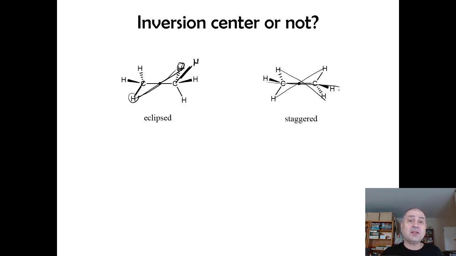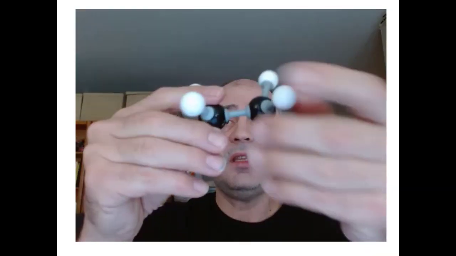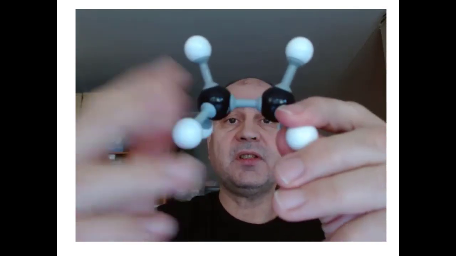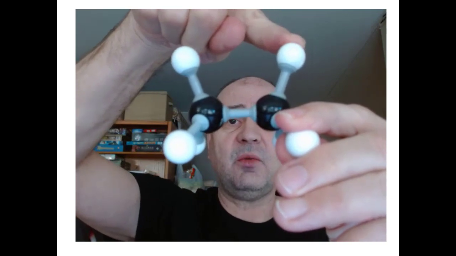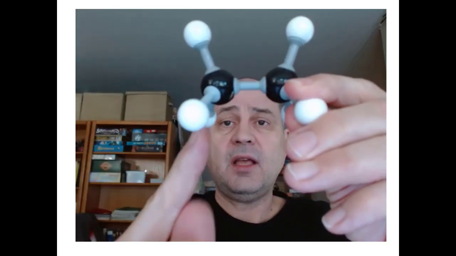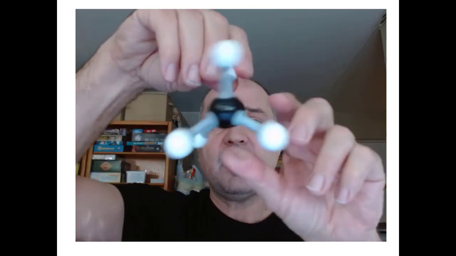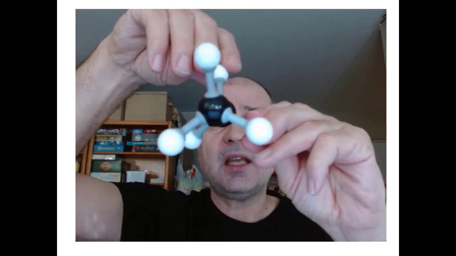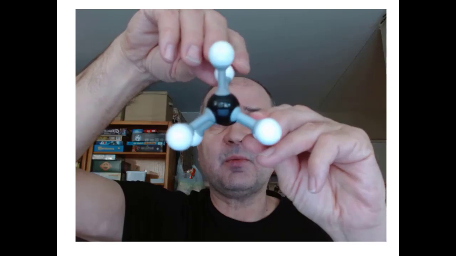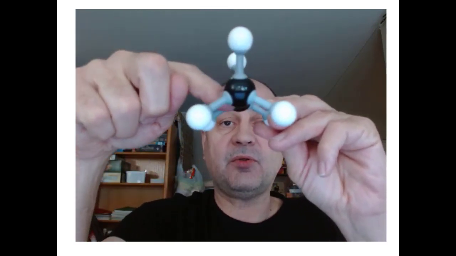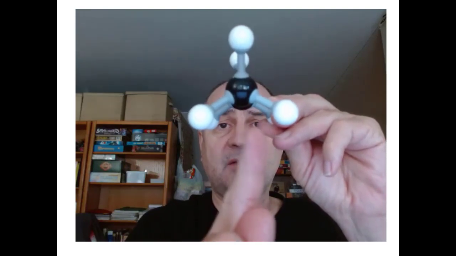But how easy is that to see for you? I don't know. So you may want to build this. So the eclipsed one, once you build it, is pretty simple to see that this hydrogen would reflect through the center and end up between these two hydrogens here, right? So right now, the hydrogen that I am sending through the inversion center is pointed up and towards me, and then when I put it through the inversion center, it would end up again right here.